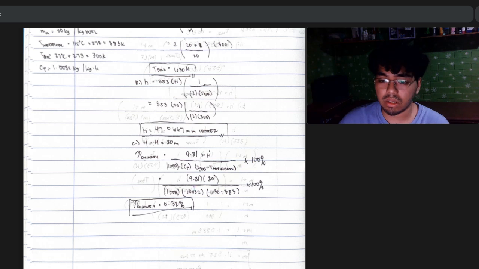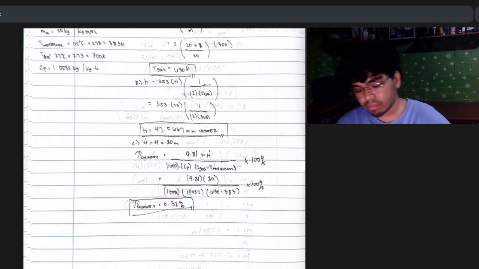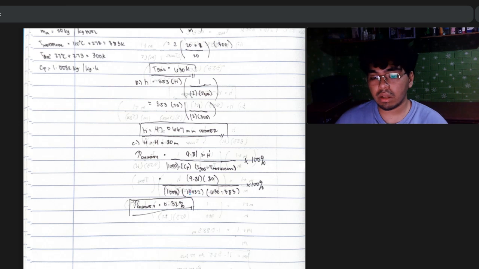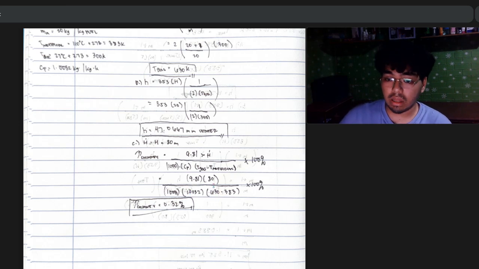So substitute: 9.81 times 80 over 1000 times 1.0032 times 630 minus 383 times 100%. So our final answer for the efficiency is equivalent to 0.32%. Very simple.